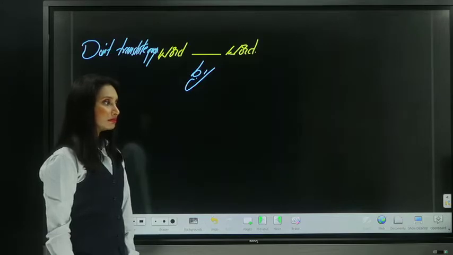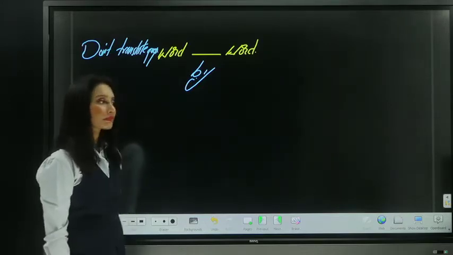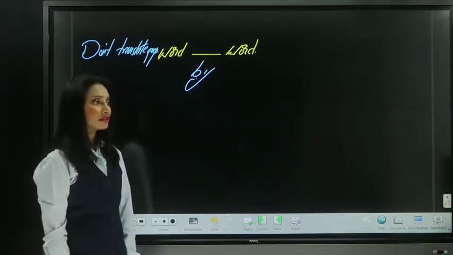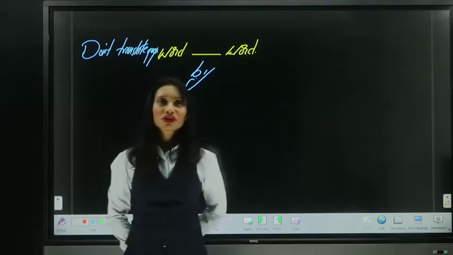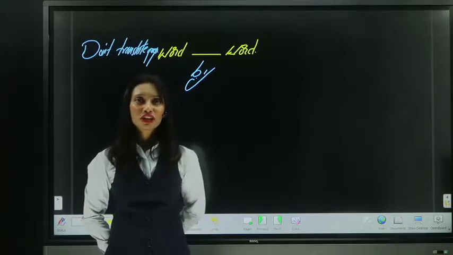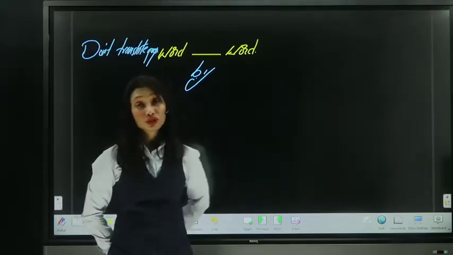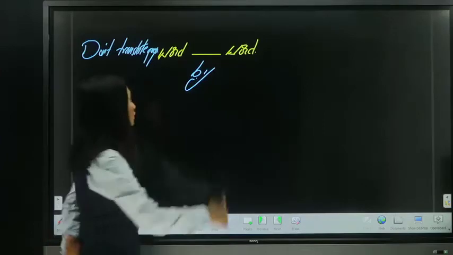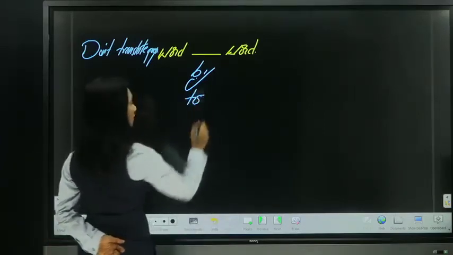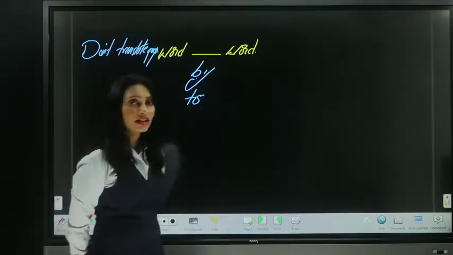Quick, guys. Do not translate prepositions word dash word. Word to word. Swapna answered word to word. Okay, good. What about Nirmal? Akash?